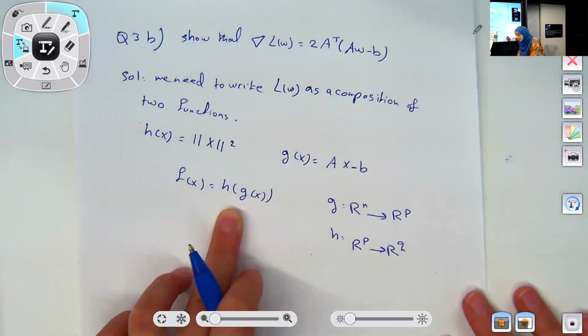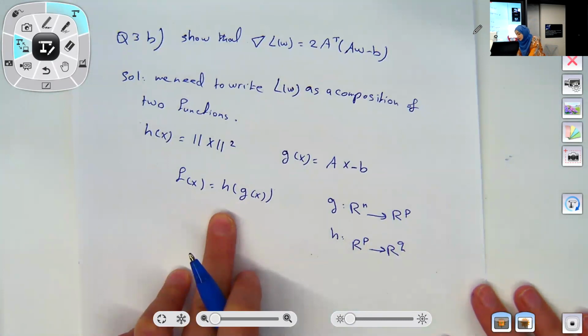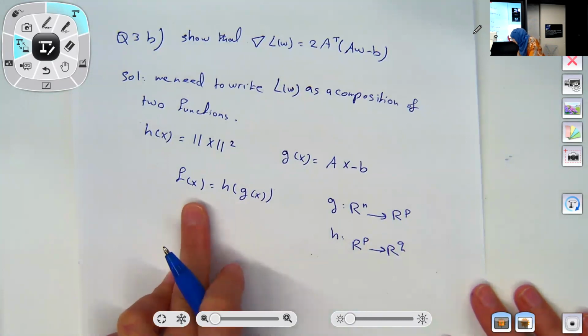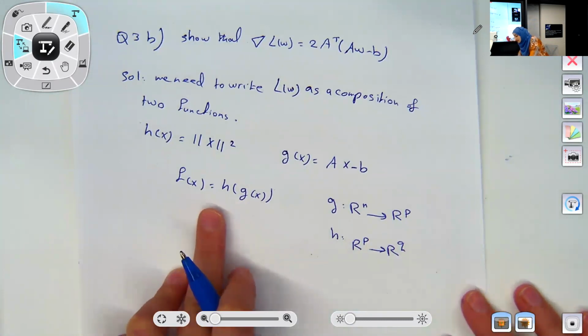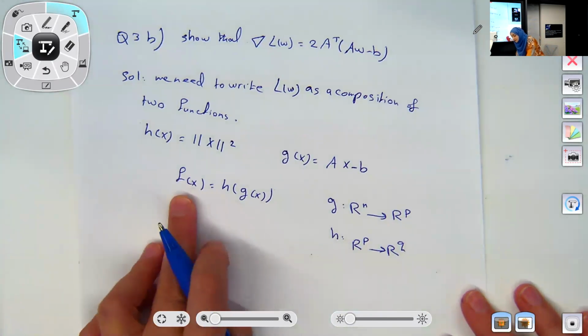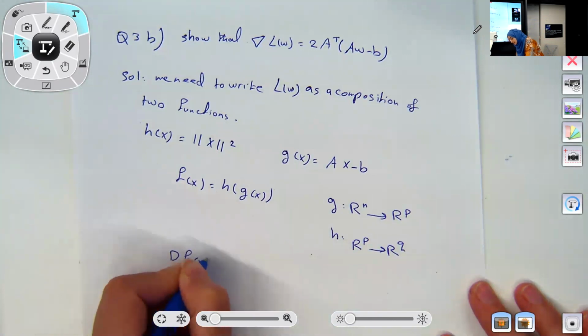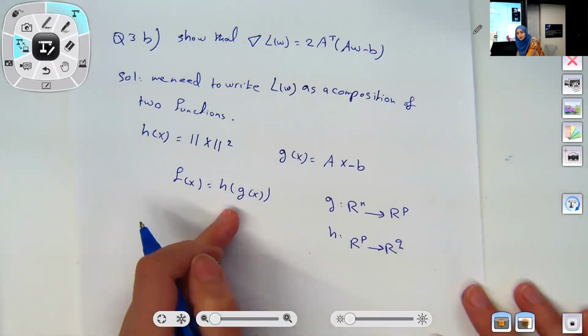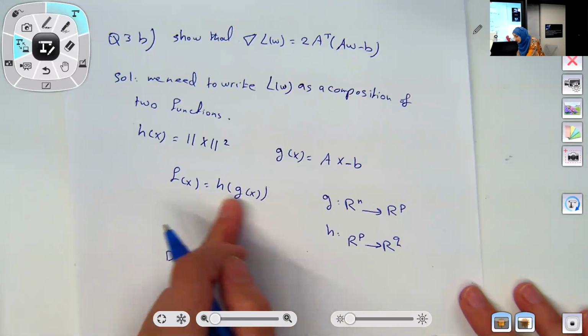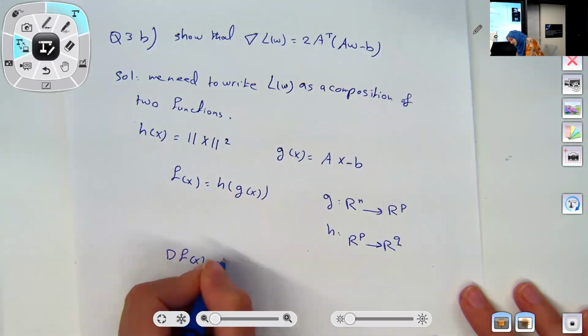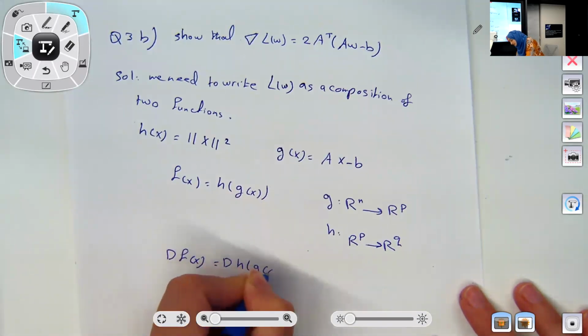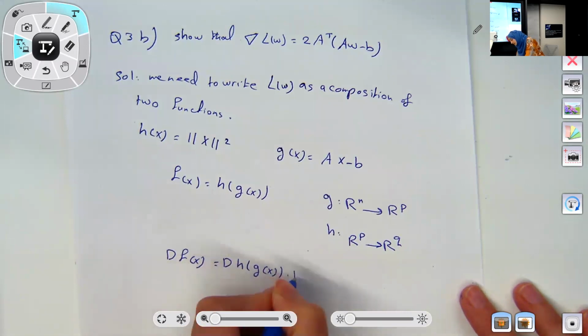Now we can use the Jacobian formula to find the derivative. So we find the Jacobian of the function f, which we call d of f. We can use the chain rule to find it: this is equal to d of h of g of x multiplied by d of g of x.